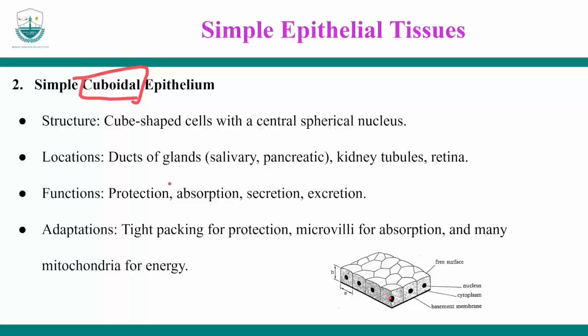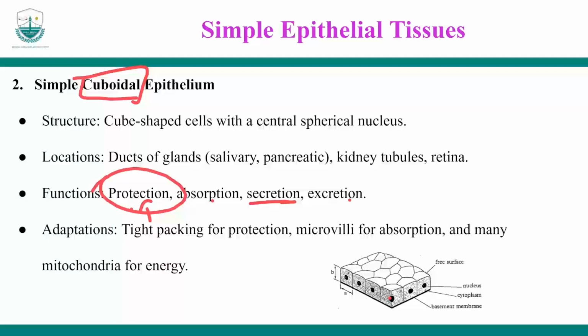If we are talking about glands, then we just know it is about secretion. If we are finding it in the renal tubules, then it is about absorption, and also excretion, and also protection there. The other adaptation is, of course, that these cells are tightly packed, and this offers protection.